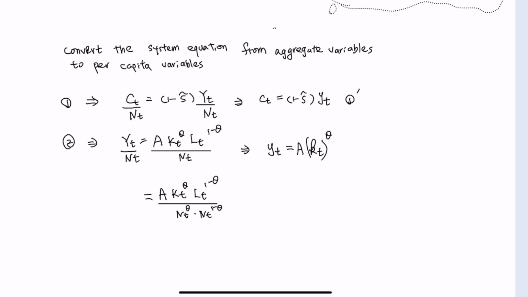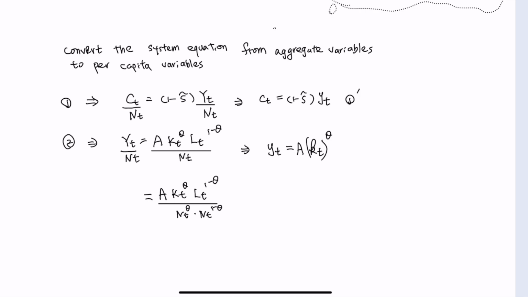So then we can look at the right-hand side of the equation and ask, why does it become the production efficiency multiplied by the per capita capital to the power of theta? Where does the L go, which is the total labor input? Well, remember that we assume that the size of the population equals the total labor input.